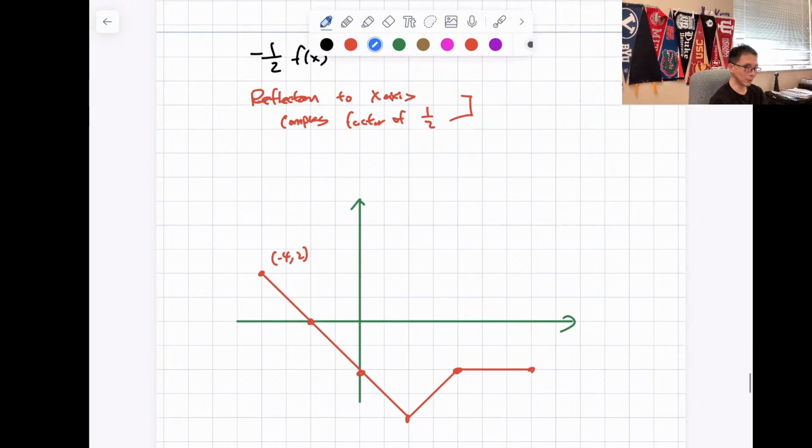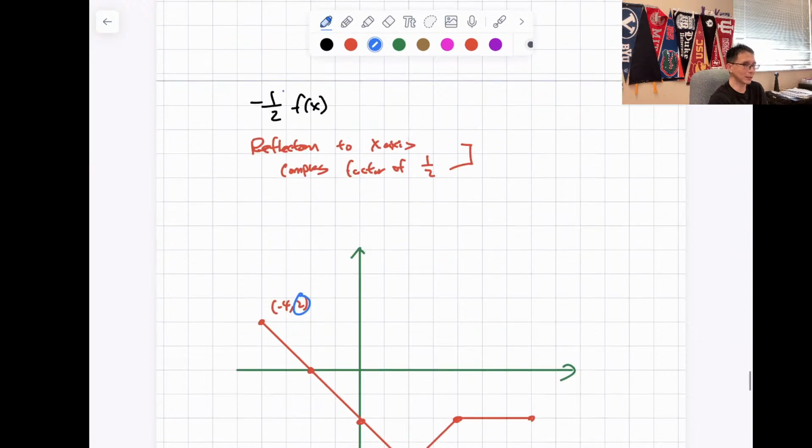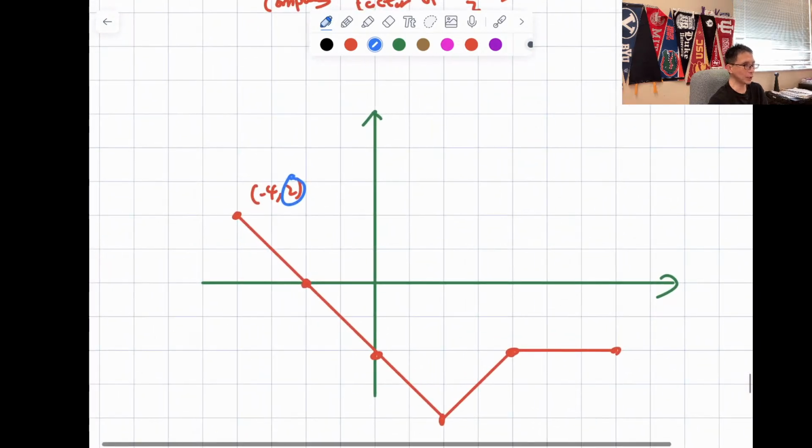Now, what I'm gonna do is take the 2, take the output, and just multiply by -1/2. Does that make sense? Because this is just saying -1/2 times the y, right? So 2 times -1/2 is gonna be what? -1.